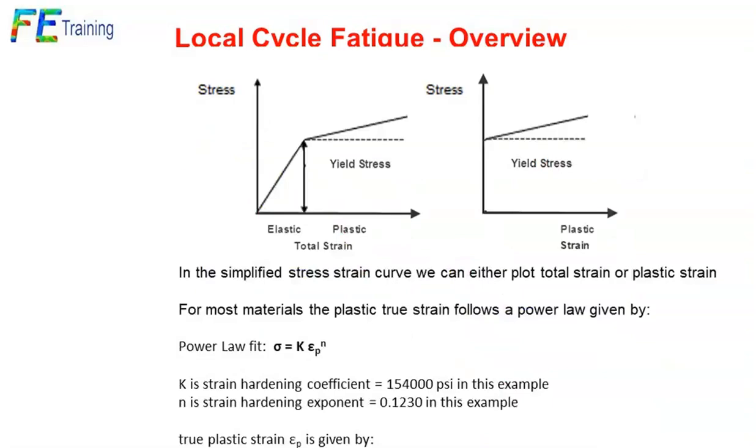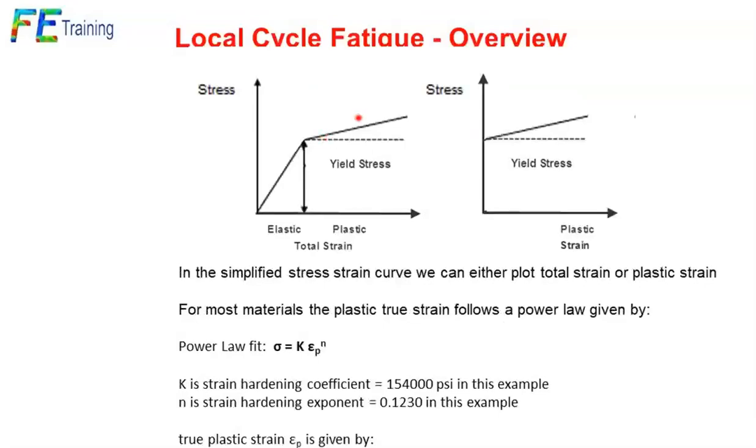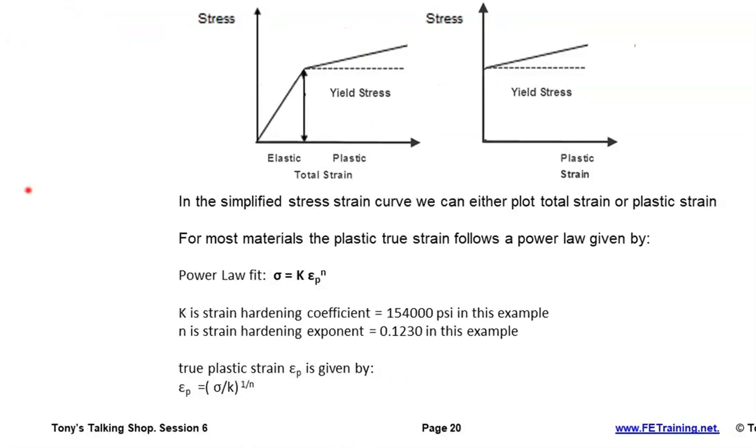Now again, as I said, I can actually draw a stress strain curve. This is a simplistic bilinear approach. I can either draw the tangent modulus, which is the change in stress with total strain, or I can have the plastic modulus, which is the change in stress with just the plastic strain. Or I can put that all together and say, let's create a power law.